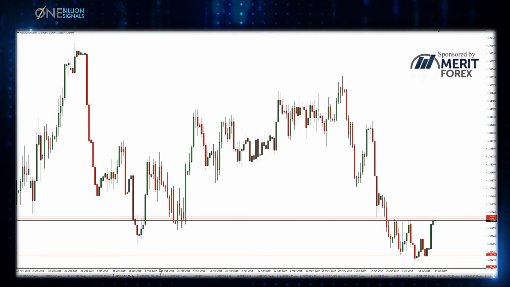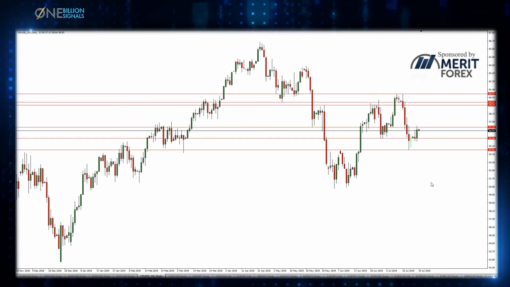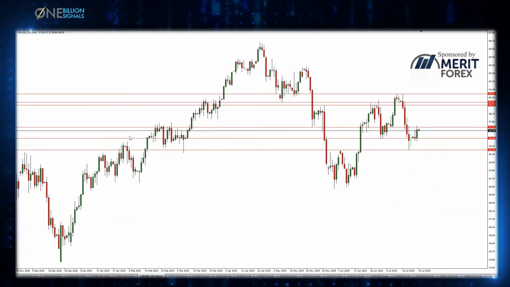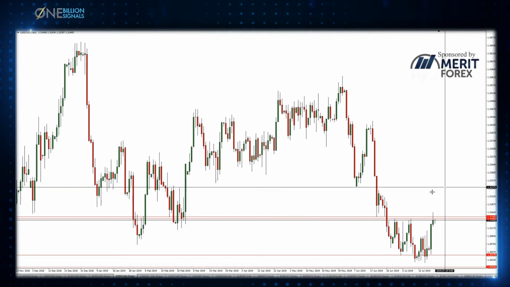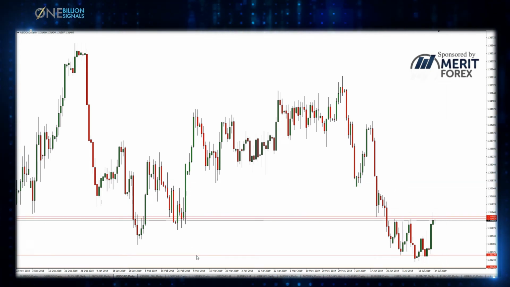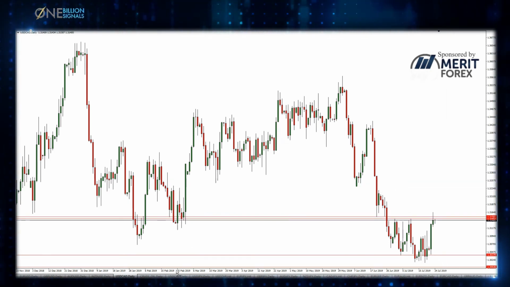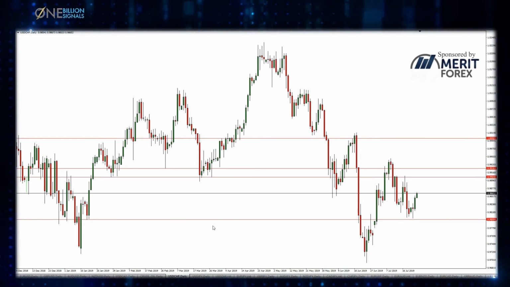Other way around, if we see crude oil start going down and testing the 56 level, then definitely we can see a breakout of the USD Canadian to the upside and reaching the next resistance level. We're gonna discuss this on Friday. We're gonna check what happened.